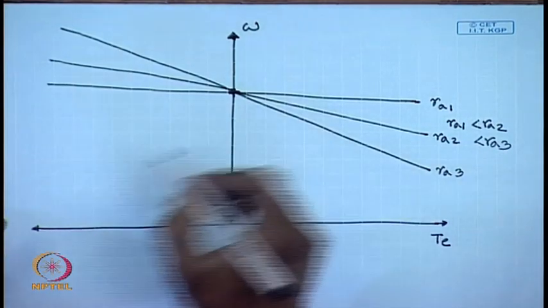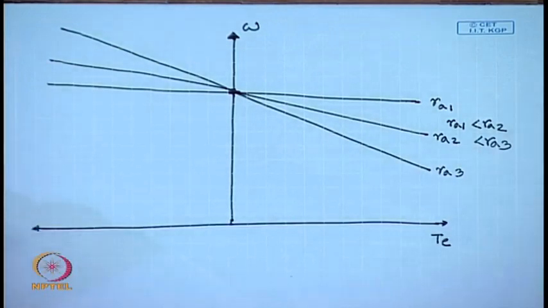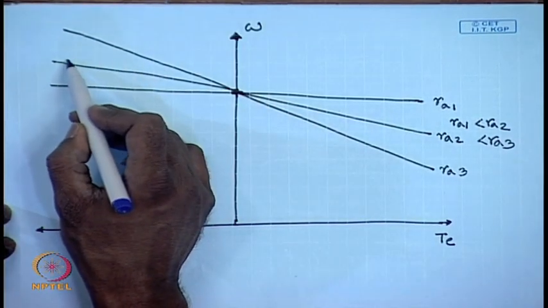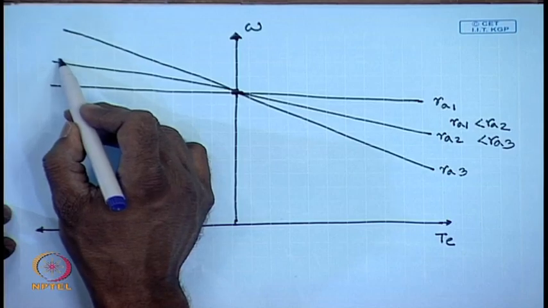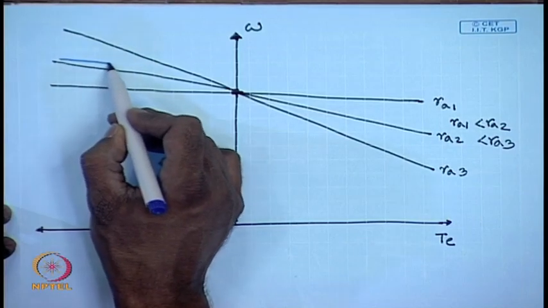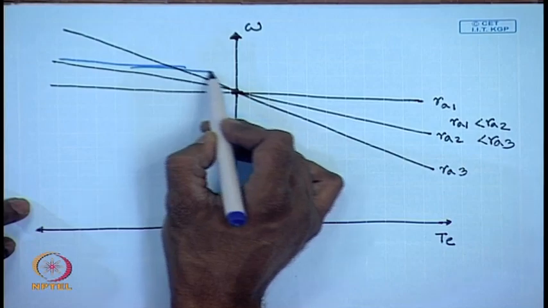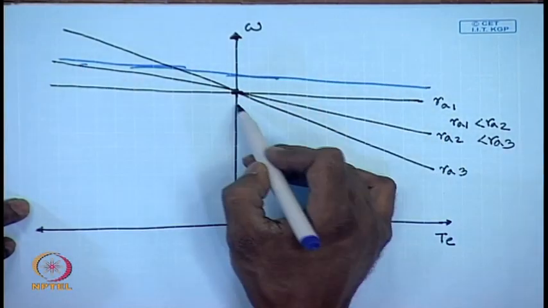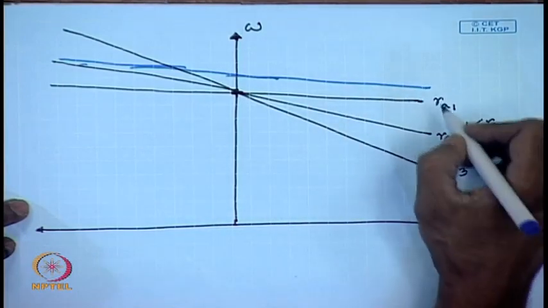Similarly, keeping the armature resistance constant RA1, if we increase the armature voltage, then the torque speed characteristic shifts parallelly upward, its slope remains same.